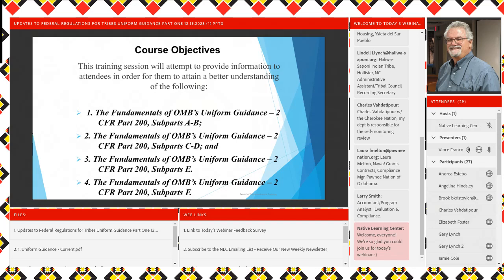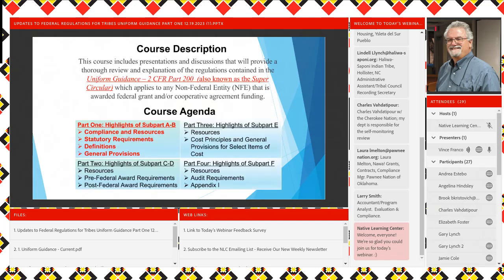So hold on, we got a lot of territory to cover here in these 6 subparts, a lot of navigation, a lot of identification, interpretation, and implementation of all of these different policies and procedures. Okay, part 1 and part 2, 3 and 4. What we're doing is we're combining, as you see on the bottom left here.